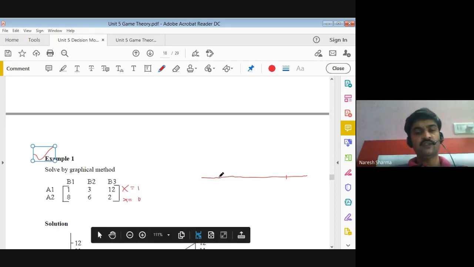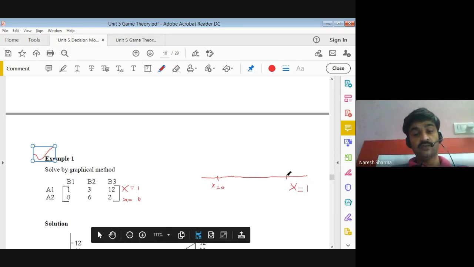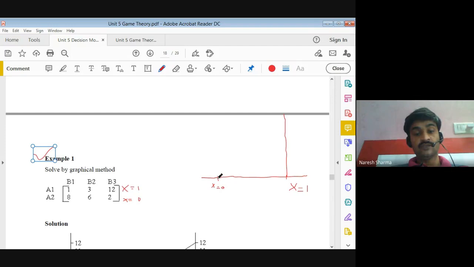Or I can choose any 2 points, right? So I'm choosing here x equal to 0, this one, and this is here at x equal to. So that is some straight line. So this is also a straight line. We do this calculation on a graph only, right?